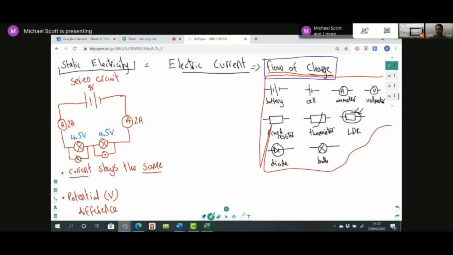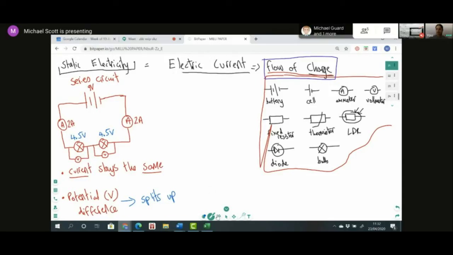Hopefully you can see from this diagram that potential difference in a series circuit splits up. So current stayed the same, but potential difference split up, it divided.